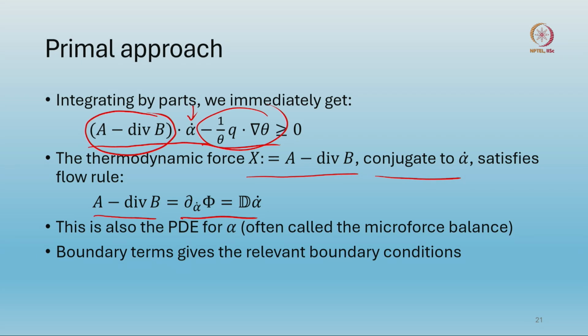And so therefore this gives you the PDE: A minus divergence of B is equal to d alpha dot. So d alpha dot is basically the terms containing the viscosity coefficients, or d inverse, if you take it this side, are the mobility coefficients associated with this microforce balance.